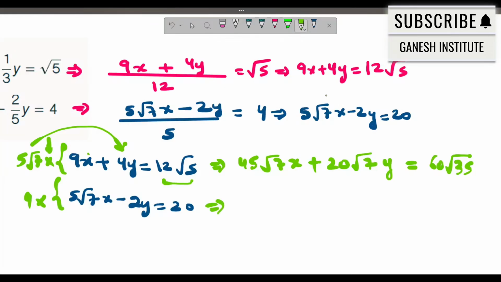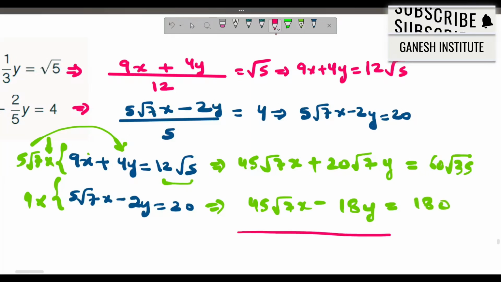And then from here, you multiply by 9, so you would have 45 root 7x minus 18y, and then 20 into 9, 180, is equal to 180.